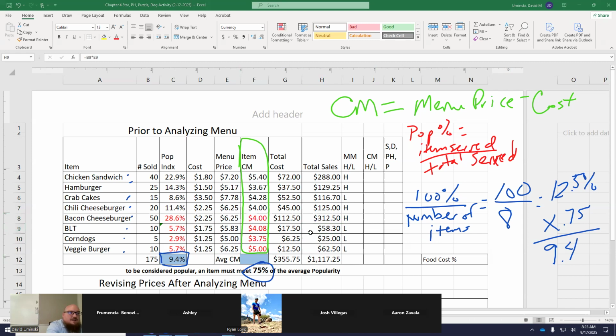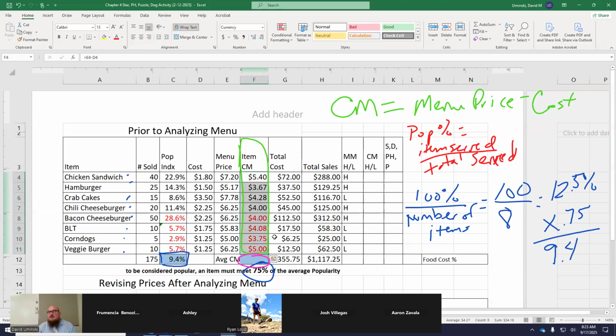And the last one. Let's go with pink. Our average contribution margin. How do we find the average of anything? Add them all up and divide by the number. There we go. Okay, so I'm going to give you a hint.